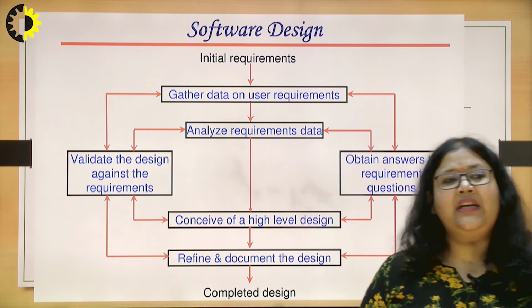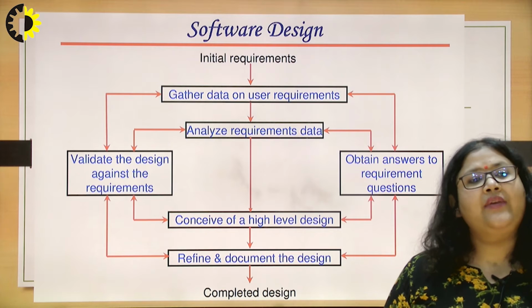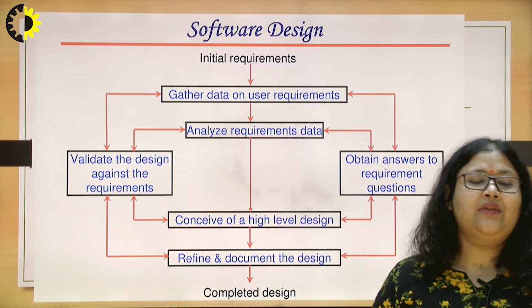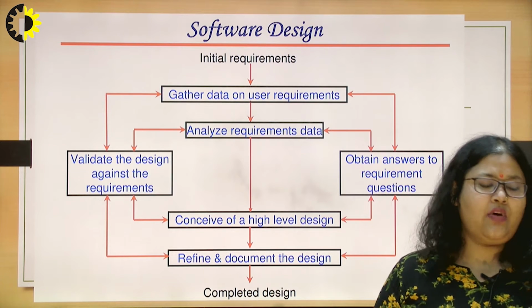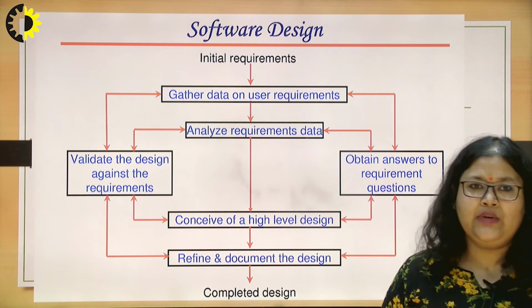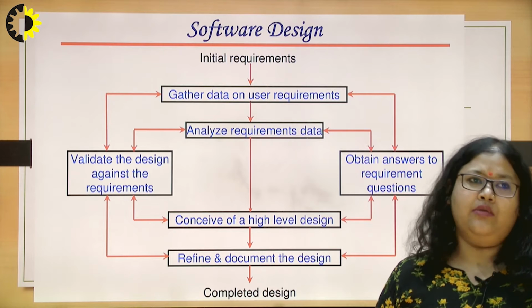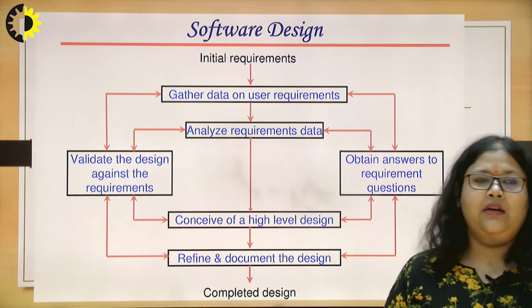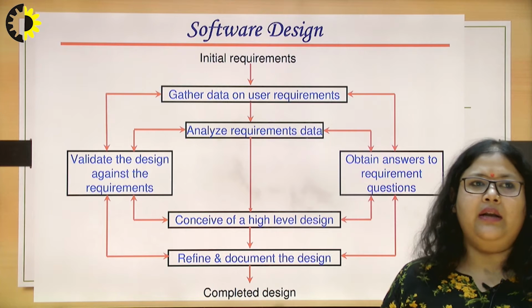If these validations are correct, then we move on. If the validations are not correct or not to the customer's satisfaction, then we have to refine the requirements with respect to the design also. So, this is the basic cycle of the software design.